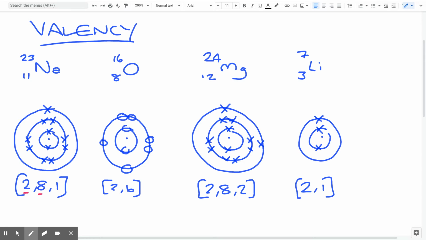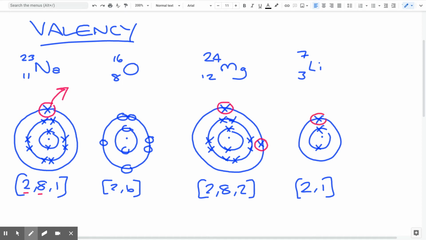And so the easiest way for this to get to a complete shell situation is to lose that one outer electron. Likewise, for magnesium, losing two electrons is the quickest way for it to get to complete outer shells by losing that outer shell.